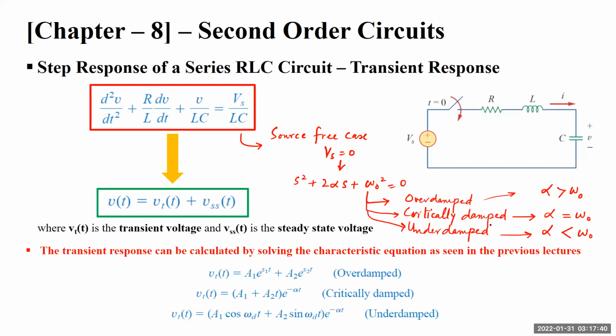For the transient response, we write the differential equation, develop the characteristic equation from it, and use the conditions on alpha and omega naught to find out whether our response is overdamped, critically damped, or underdamped. From there, we have the relationships for all three conditions, and we can easily find how our voltage or current response will look.